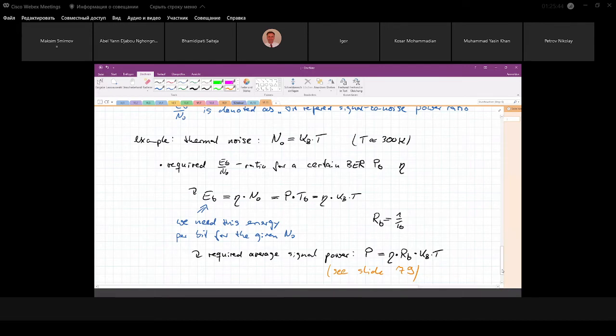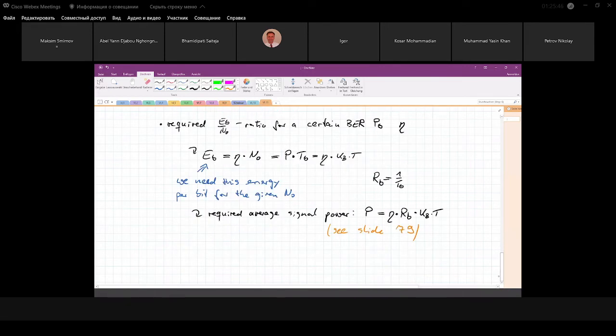So now, other questions? I just want to provide some examples. But you have to know, this matched filter ensures the best signal to noise power ratio for a given received pulse.